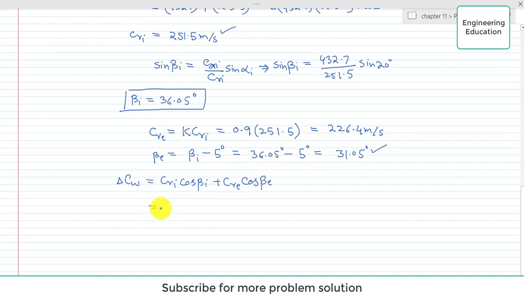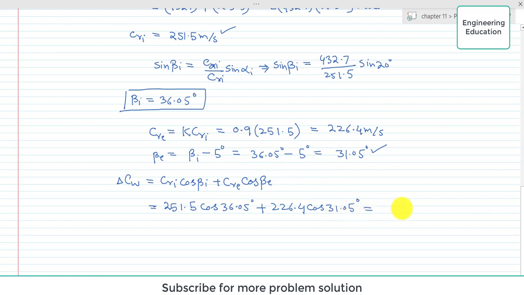So putting the values, CRI is 251.5 meter per second, cos beta I is 36.05 degree, plus CRE is 226.4 meter per second, and beta E is 31.05 degree.